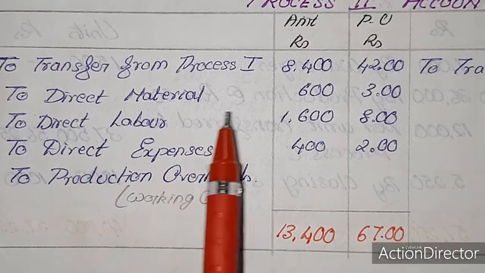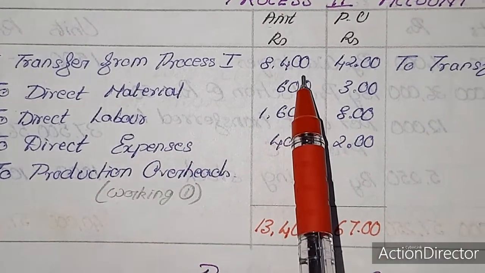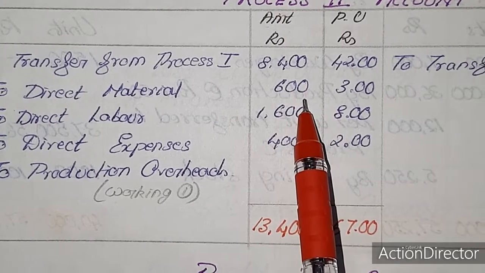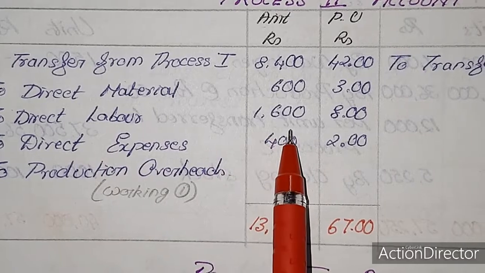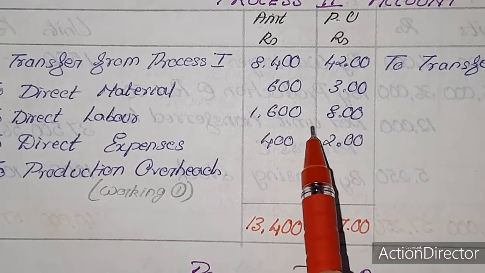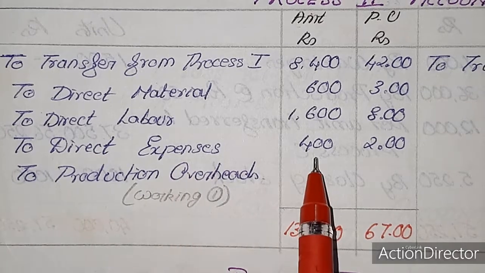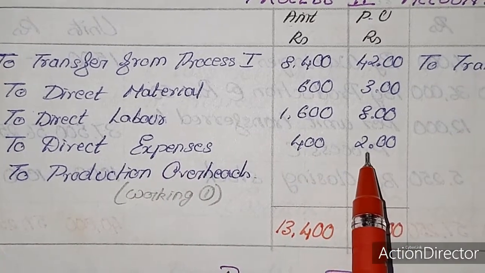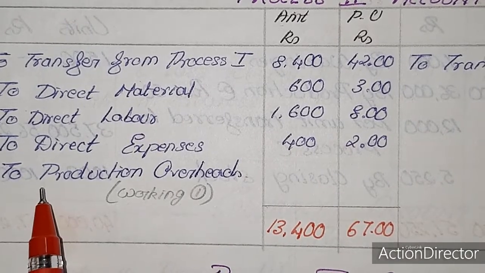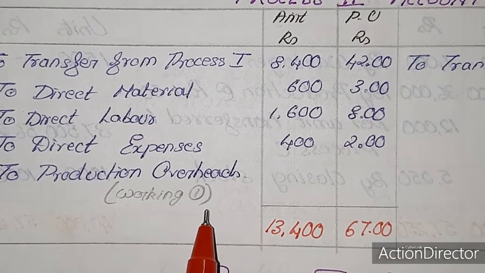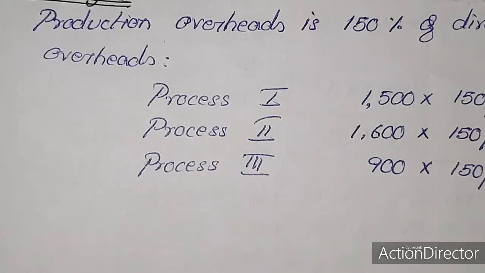To direct material 600, 3.00. That is, 8,400 divided by 200, 600 divided by 200, I will get 3. Direct labor 1600 divided by 200, I'll get 8.00. To direct expenses 400 divided by 200, I'll get 2.00. Next I have to find out the production overheads using the direct labor value.